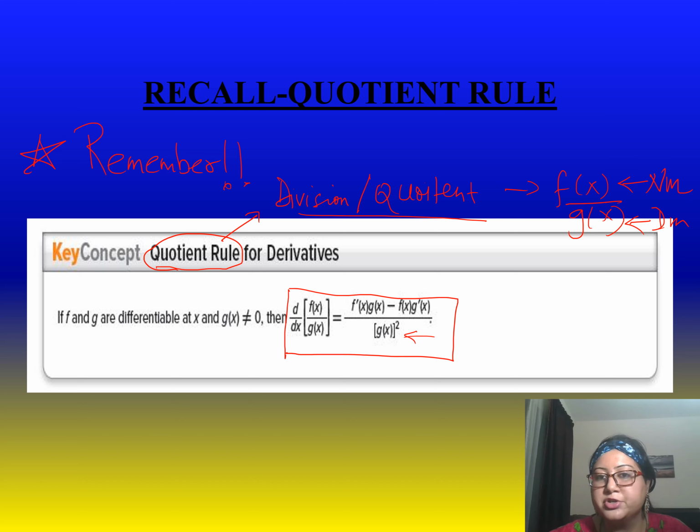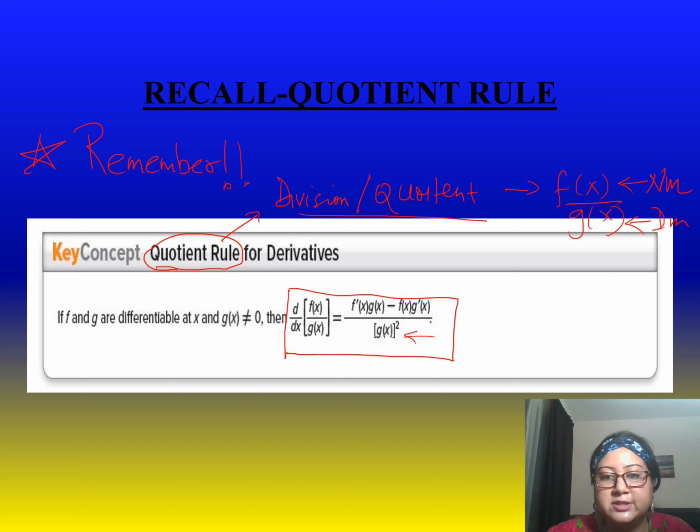So you have the division happening here of the two functions, or you are taking the quotient. So in such a case, when f and g are differentiable at a given point x, and the important point here that I would like to highlight is that the denominator cannot be 0. Okay, so just focus on this part and then you can apply your quotient rule.